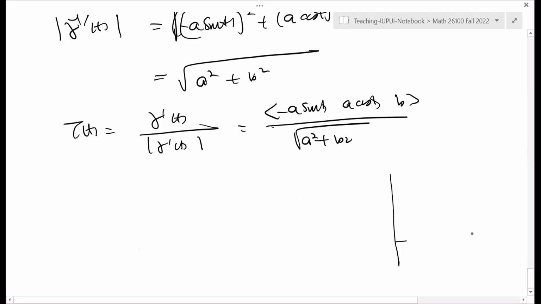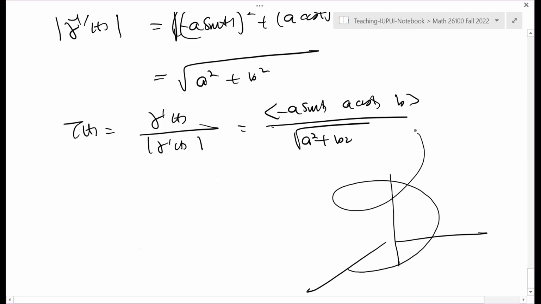So this is going this way, right? At the point, this is down, and this is going to change. So it points upward, right?